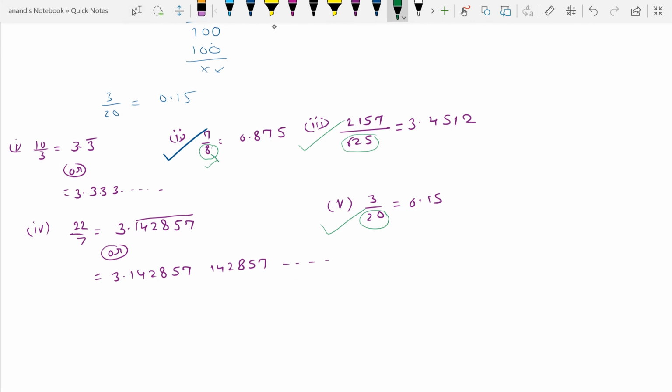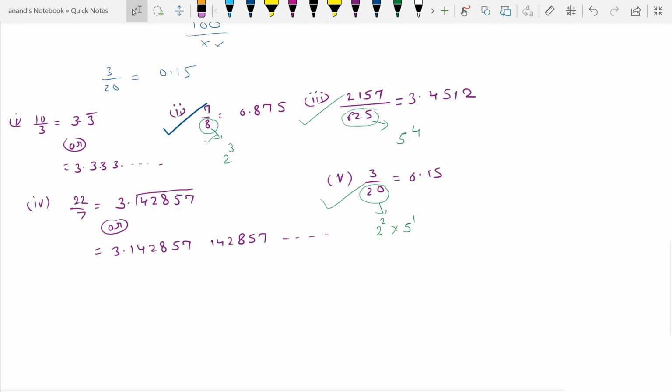In the second example the denominator is 2 to the power 3. In the third example it is 5 to the power 4. In the fifth example it is 2 to the power 2 into 5 to the power 1.